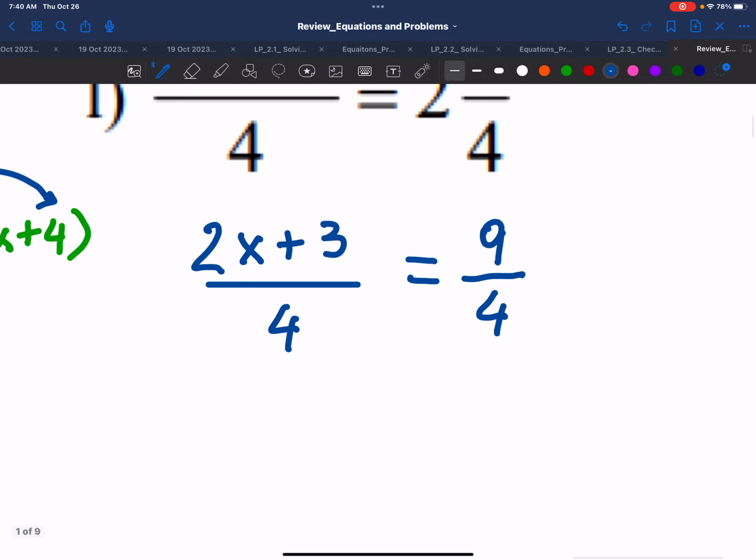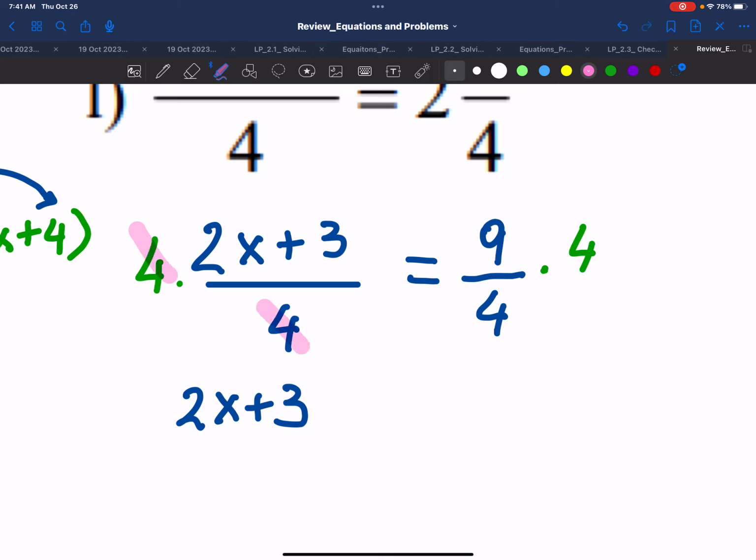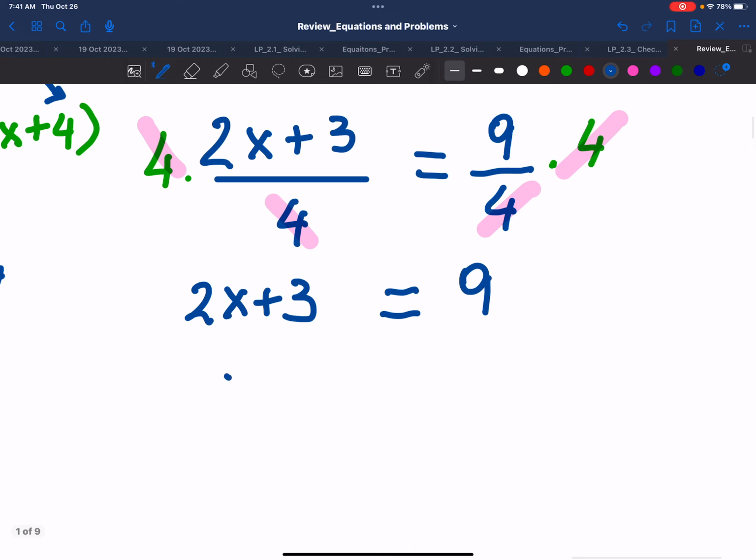So as you can see, we have denominator of 4 on both sides. So to eliminate the denominator, we multiply by 4 both sides of the equation, and we have 2x plus 3 on the left side. Remember, 4 and 4 divide to 1 equals 9 and 4. 4 and 4 will divide again to 1, so 9 over 4 times 4 equals 9.